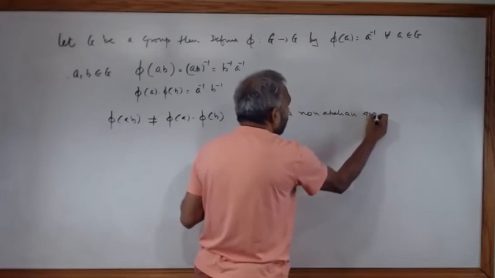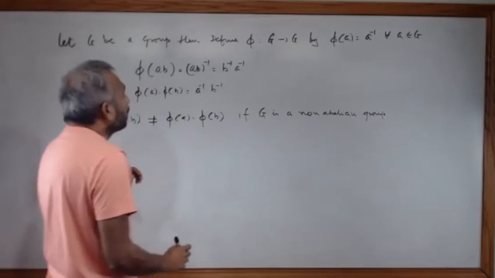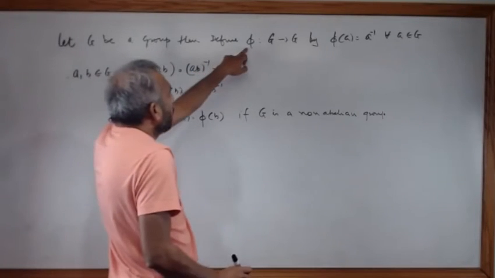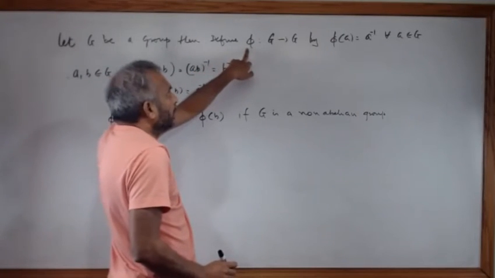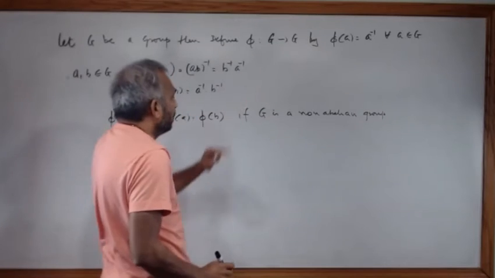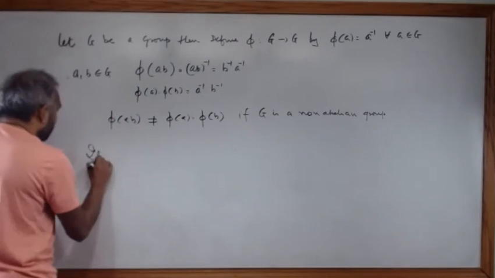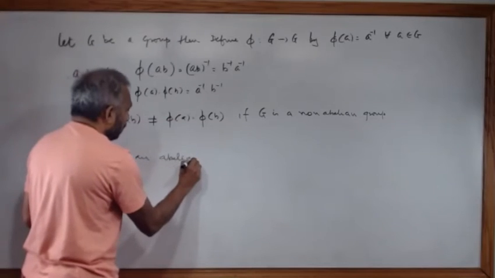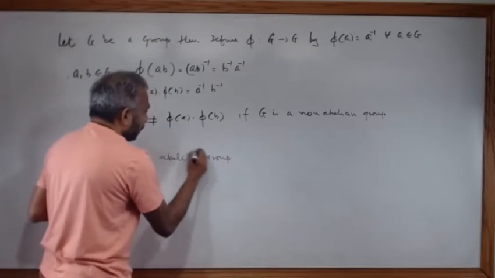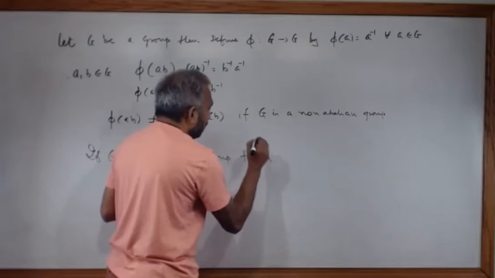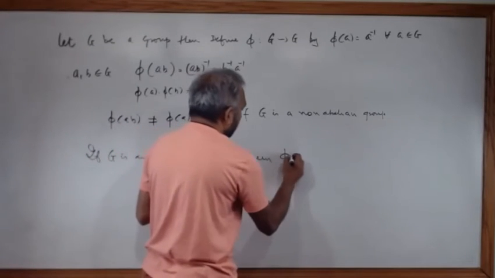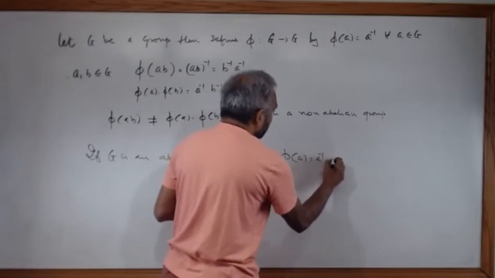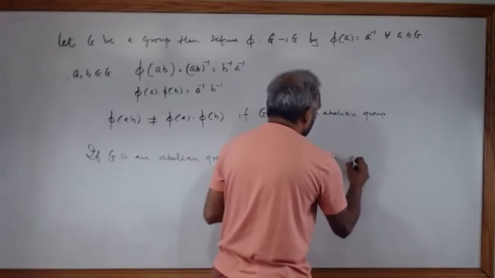So if you want to make phi a homomorphism, then G must be an abelian group. But if G is an abelian group, then phi of A is equal to A inverse is a homomorphism.